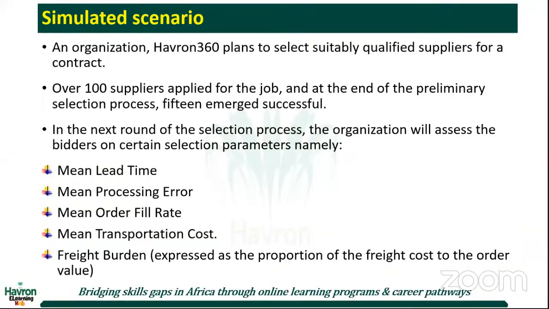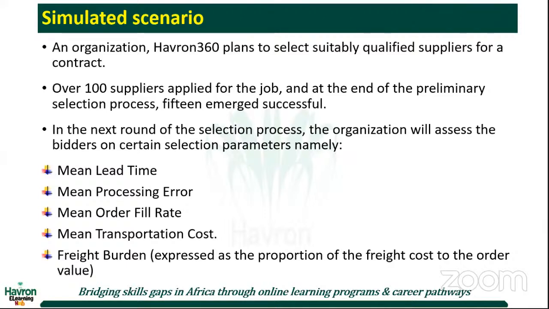Here we have the lead time, the mean lead time, the mean processing error, mean order fee rates, mean transportation costs, and what the company considers as freight burden. And this freight burden is expressed as the proportion of the freight costs to the other costs. So the company will want to see if a supplier is charging $1 to supply an order worth $50.